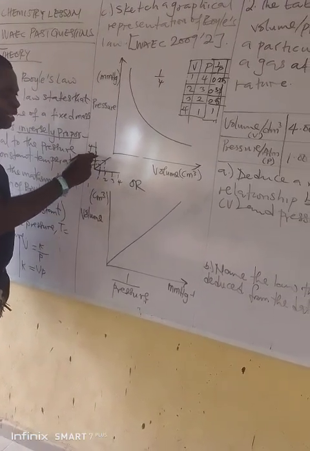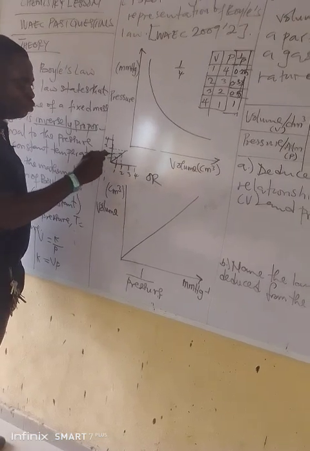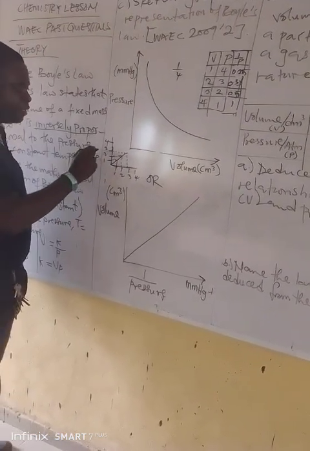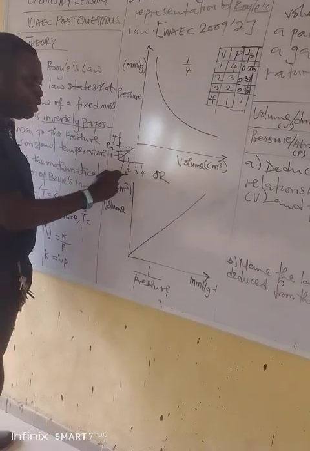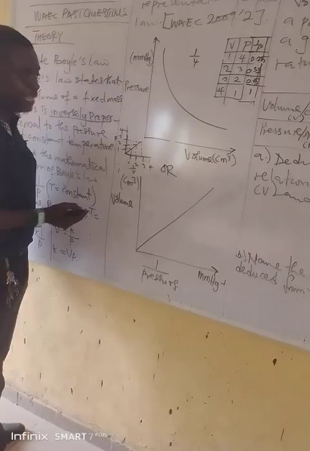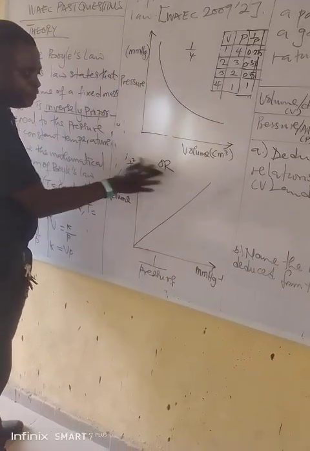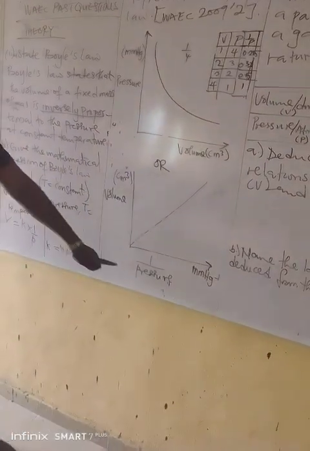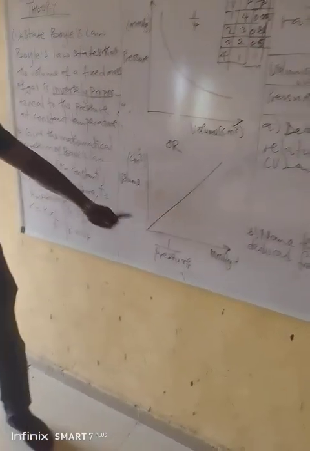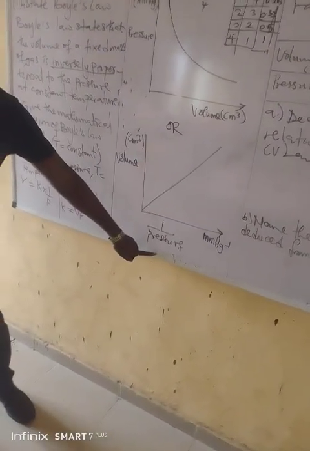If I increase from 2 to 3, this one will also increase. Are we there? So that means this one is P, this one is 1 over V. Or this one is what? V, this one is 1 over V. Are we there now? So this curve is still what? Very much correct. That is, if you put pressure here, you put 1 over volume here. Are we together now?